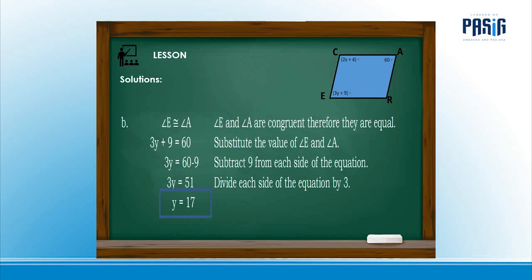Then subtract 9 from each side of the equation, so 3y will be equal to 60 minus 9. Then, 3y will be equal to 51. Then divide each side of the equation by 3, so therefore, y equals 17.